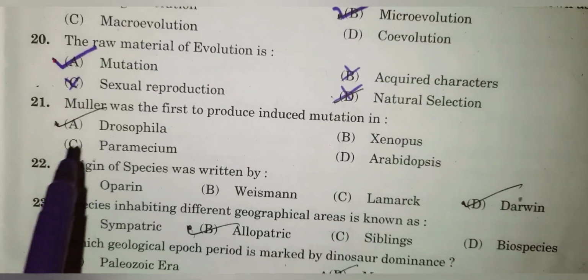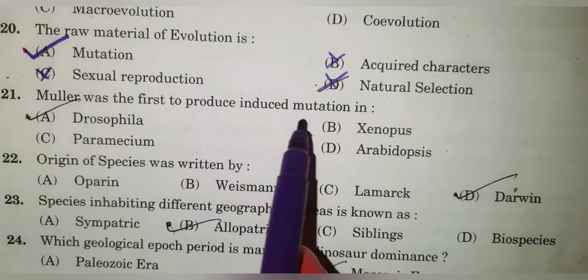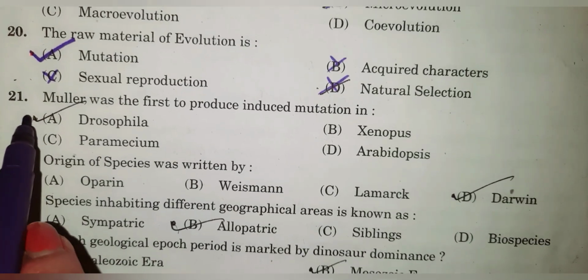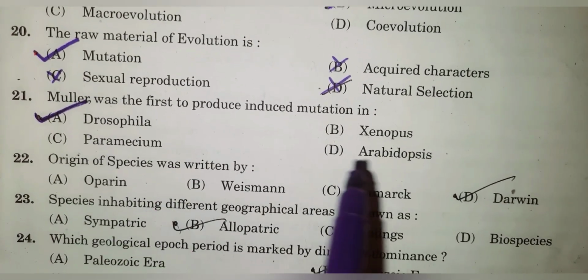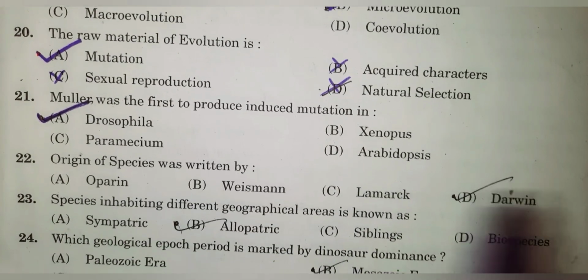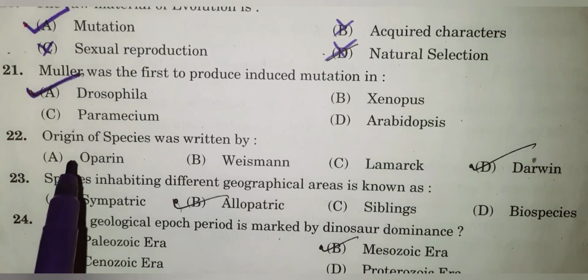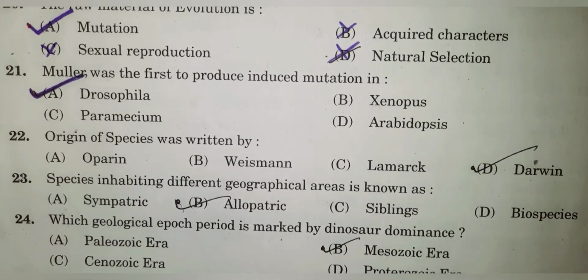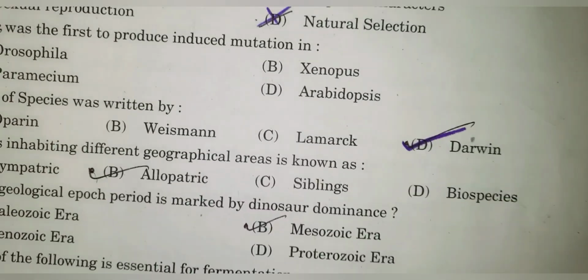Next, Muller was the first to produce induced mutation in. It is Drosophila. He was the one who was working with Drosophila and not Xenopus, Paramecium and Arabidopsis. Okay, next question. Origin of Species was written by, we all know this, isn't it? It is Charles Darwin.